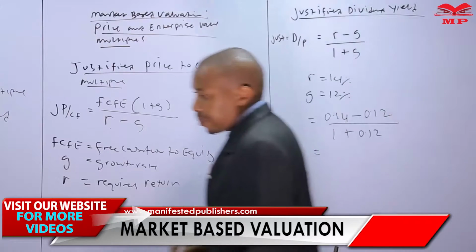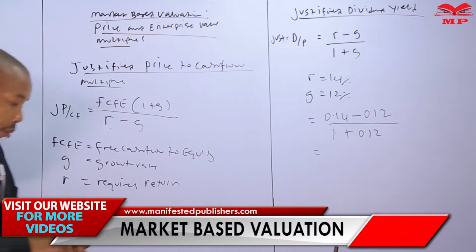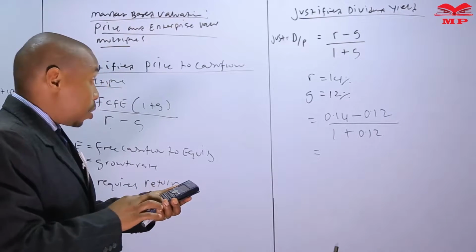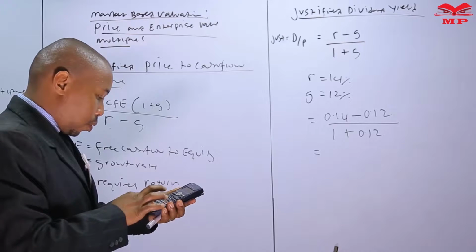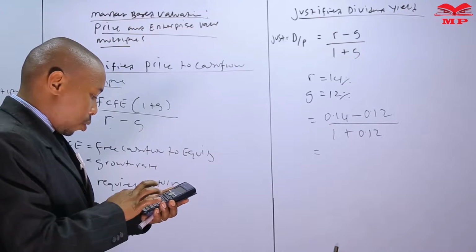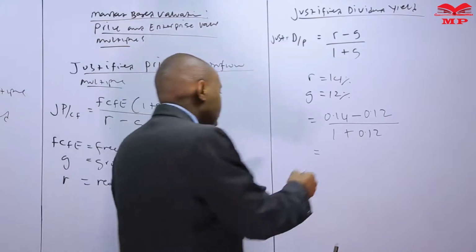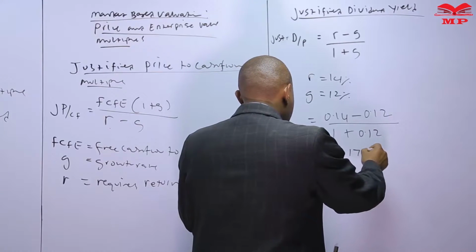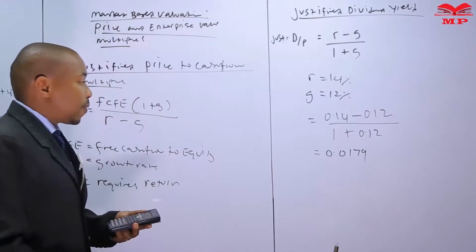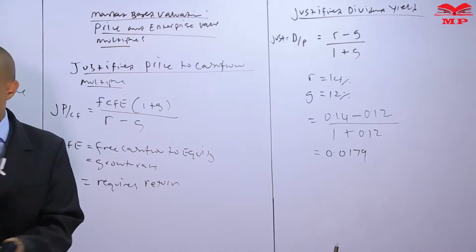That is 0.14 minus 0.12 divided by 1.12, which gives 0.0179, rounded off to four decimal places. So that is the justified dividend yield.